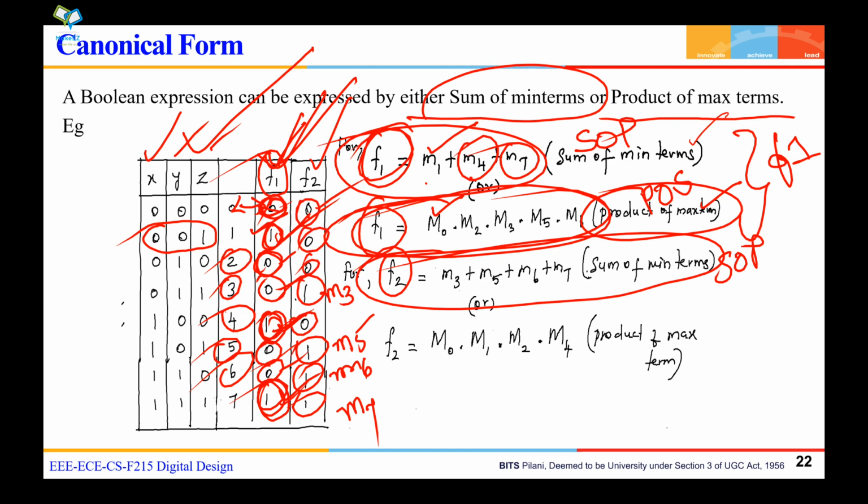This is M0, M1, M2, and here you have 1 0, M4. So you can write the Boolean equation for F1 and F2 in terms of sum of products and product of sum. Hope you understood this. So these are different forms of writing the Boolean function.